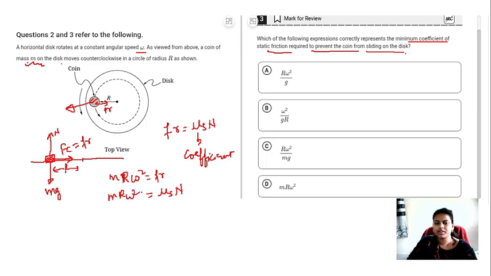And what is this normal? From this diagram, it is clear that normal is equal to mg. So m R omega square equals mu s mg. So m got cancelled, and mu s is equal to R omega square upon g. A is the correct option.